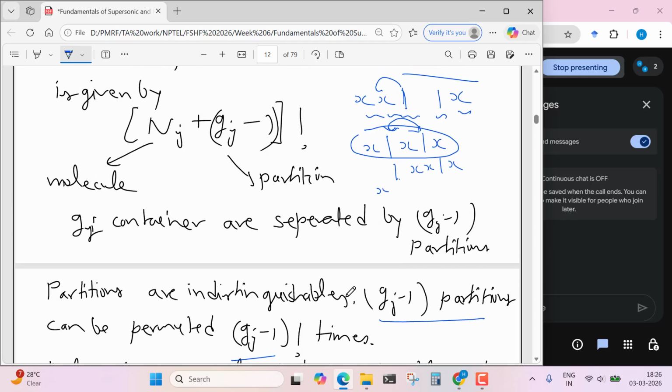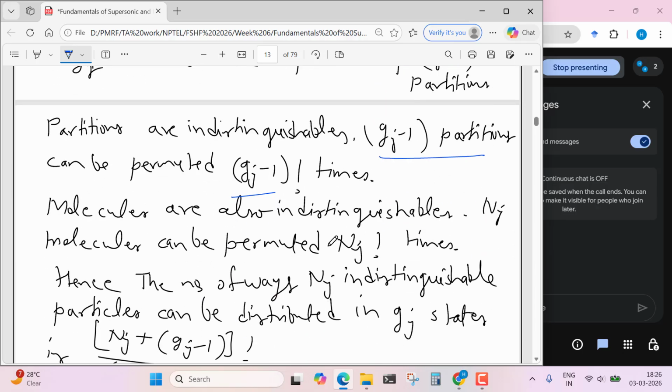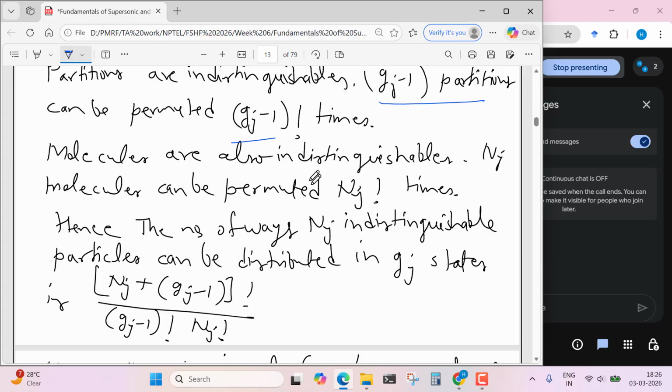Molecules are also indistinguishable: if we swap one molecule with another, the microstate remains the same, so the molecules can be permuted Nj factorial times. Hence, the number of ways Nj indistinguishable particles can be distributed in Gj states is (Nj plus Gj minus 1) factorial upon (Gj minus 1) factorial Nj factorial.